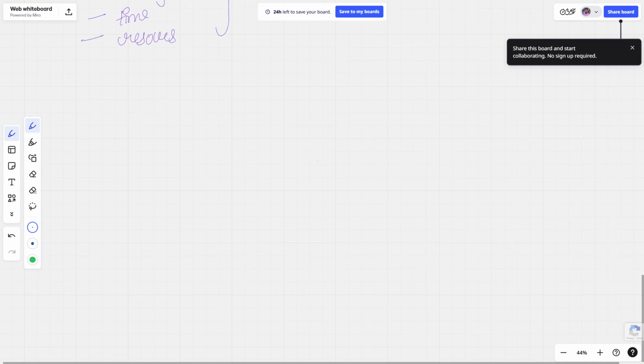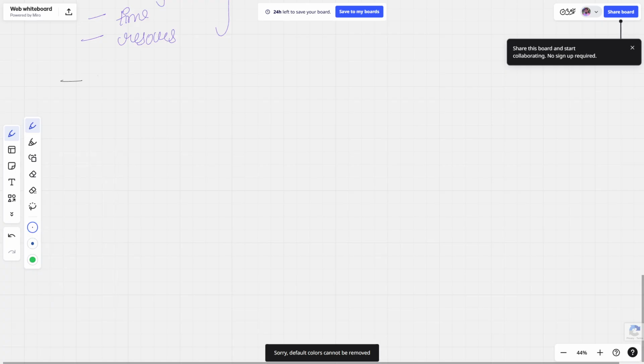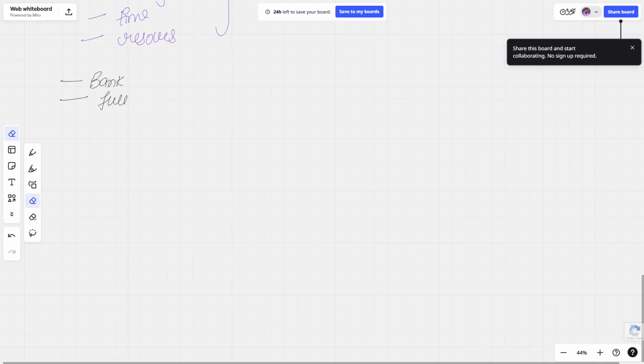So after asking these questions, for this example, let's say we are given that we are a bank and we have to solve for fully impaired existing users, but not only existing, it could be new users as well.